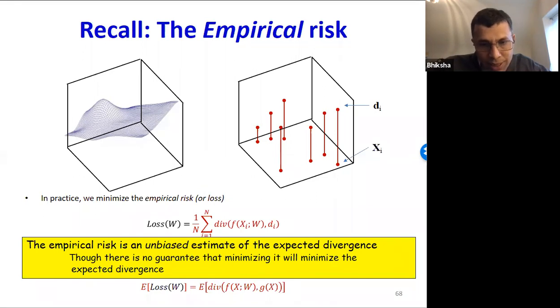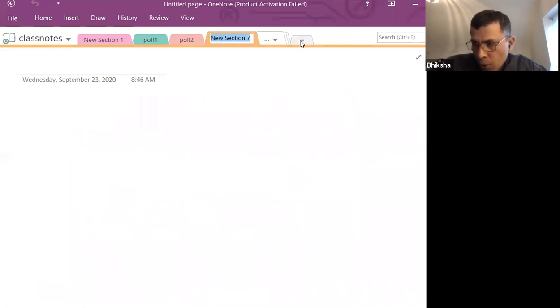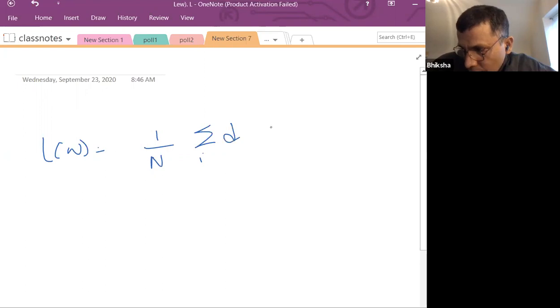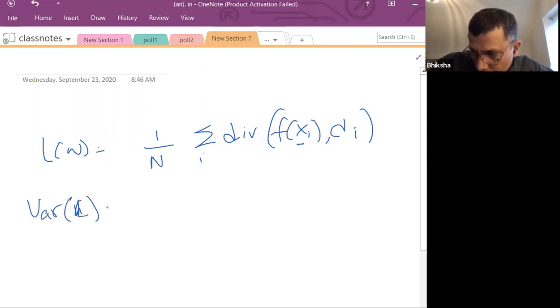There is a second result as well that is kind of interesting. I have the loss of W is 1 over n, where n is the number of training instances, times the summation over i of the divergence of f of xi and the desired output of xi. Let's say these xi's are independently drawn. Then what can you tell me about the variance of the loss?